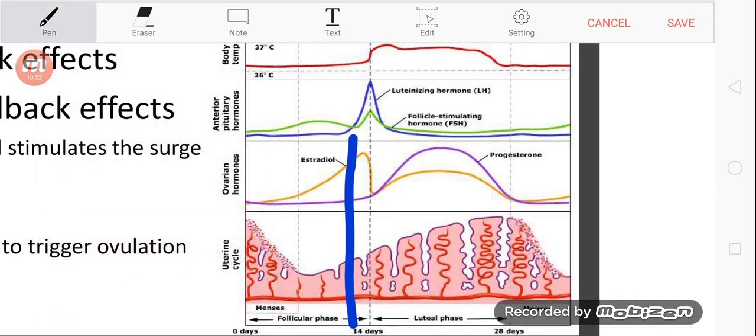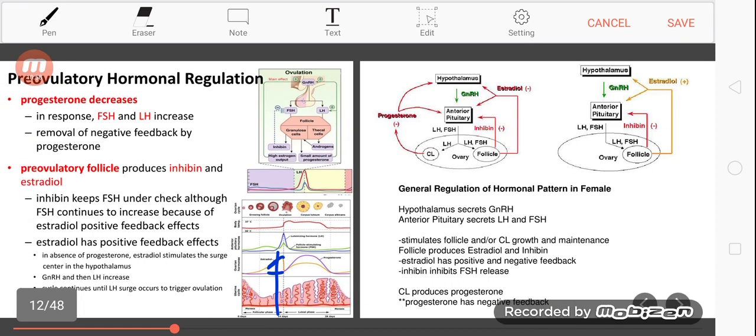So the correct wording over here, progesterone is low. Elevation of estradiol. Progesterone low. In response to progesterone low, FSH, LH increase.